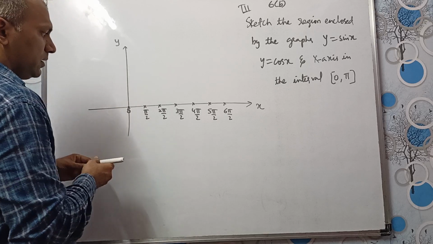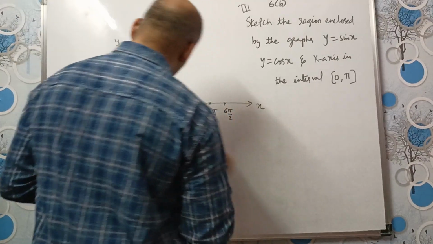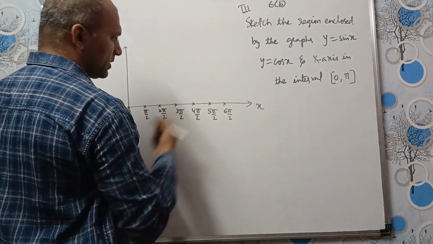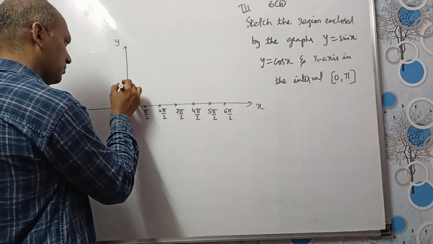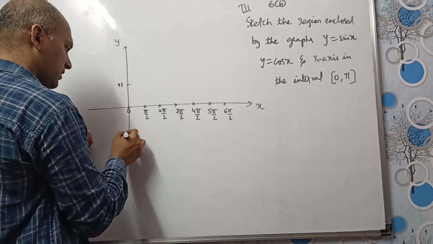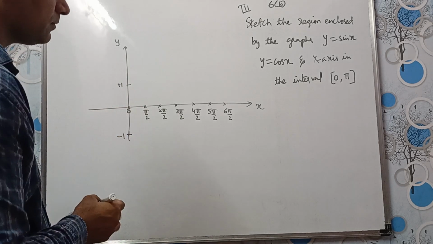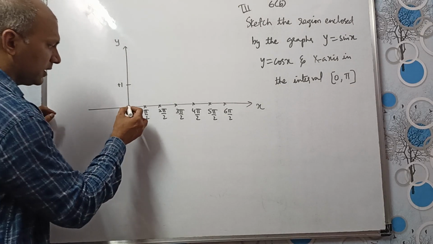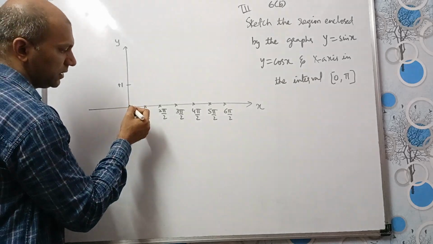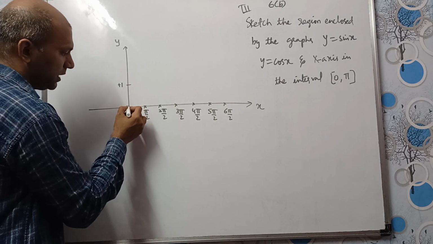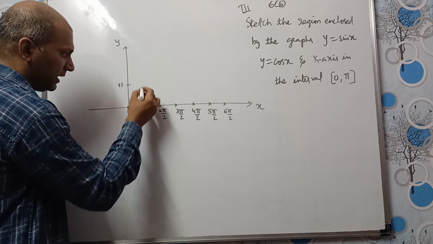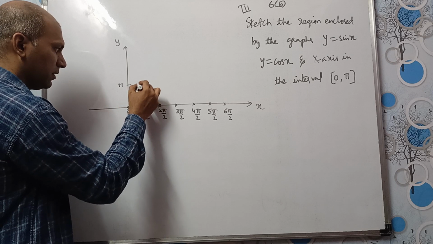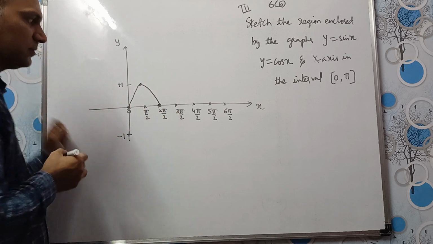Alright. See? Okay, no issues. We'll enlarge this. Y is equal to cos x. Alright, see? Suppose this is plus 1 and this is minus 1. We know the graph of sine. At 0 degrees it will be 0, at pi by 2 it will be 1, and at pi it will be 0 again. So we'll have a graph like this.